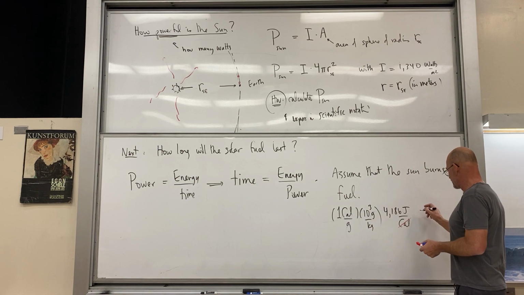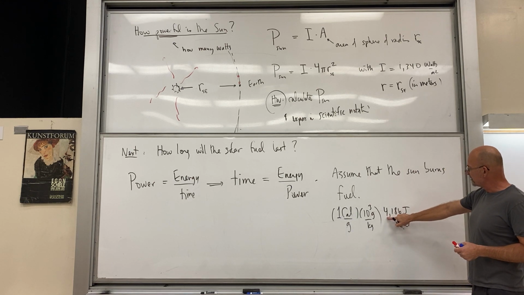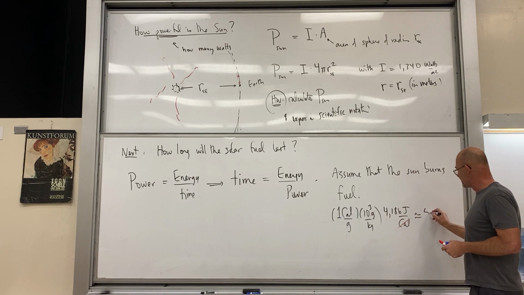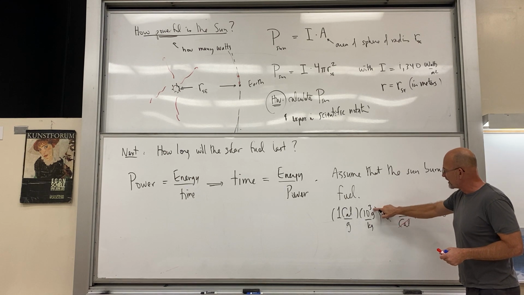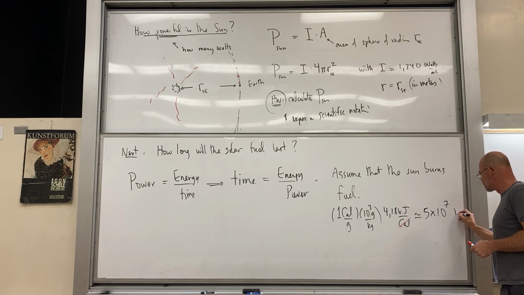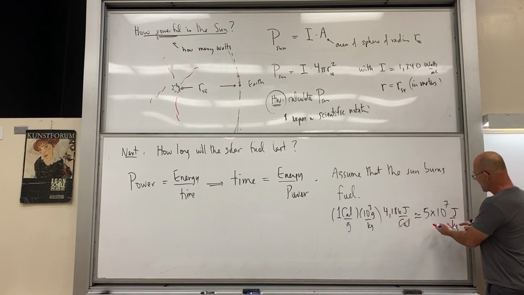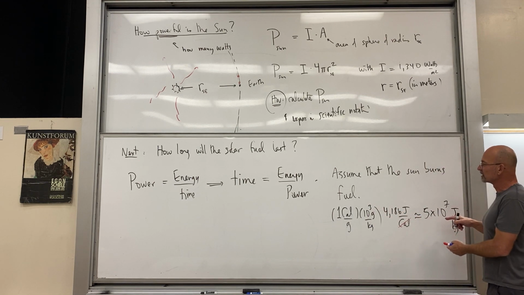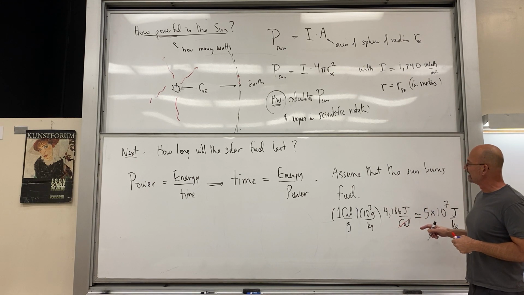And as I recall now, I rounded that up. So that's 5 times 10 to the 7 joules per kilogram. So we're going to say fuel has 5 times 10 to the 7 joules per kilogram, and then we need to know how many kilograms in the sun. So what is the mass of the sun?